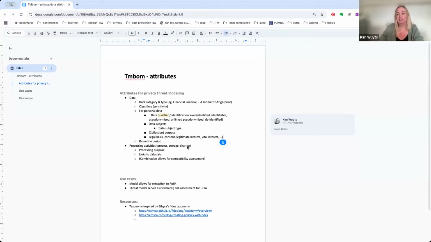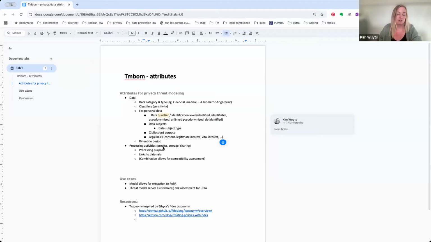Then for processing activities, and I need to think this through further, because from a GDPR, DPIA, record of processing activities perspective, processing activities can be quite broad. Sometimes it's just a whole feature or a whole application that is considered like one block of processing activity.